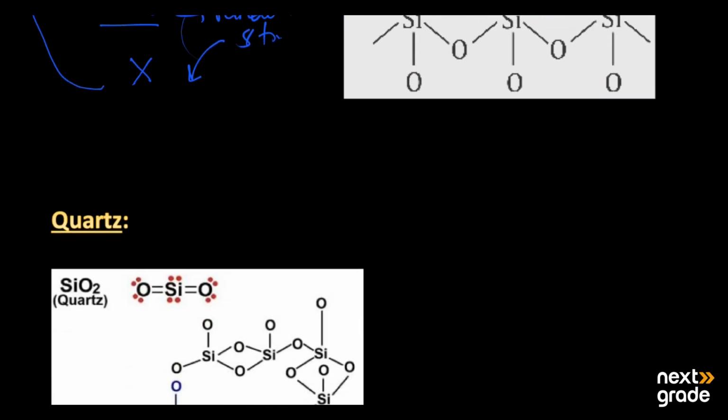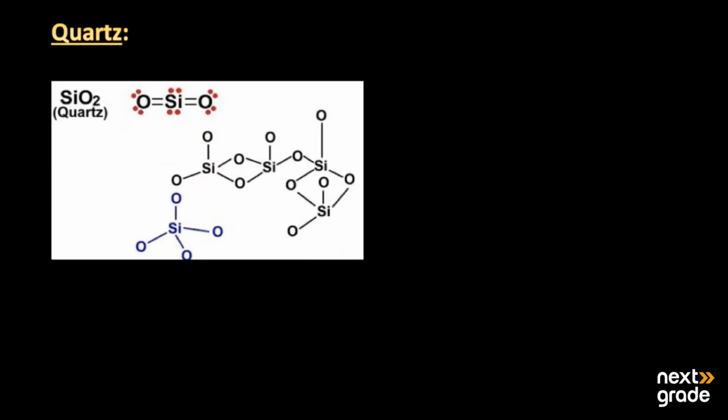After that we have quartz, also known as quartz glass. Quartz consists of silicon along with two oxygen atoms. It is mainly the crystalline form of silicon dioxide. What are the properties of quartz?